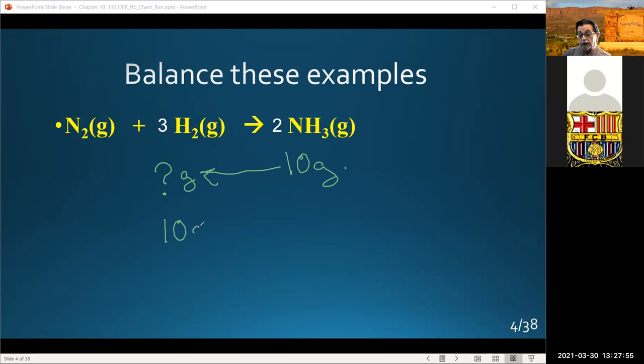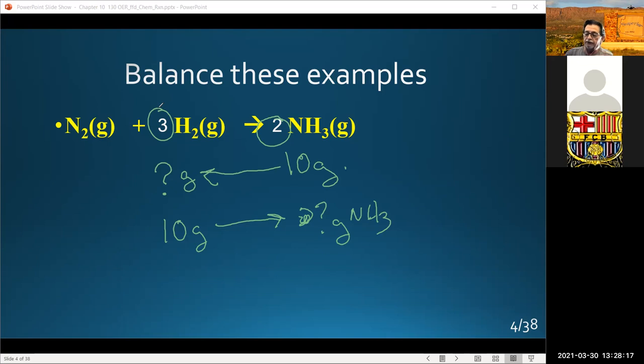If I have 10 grams of hydrogen, how many grams of ammonia am I going to make? And I'm going to need those coefficients from the balanced chemical reaction to be able to answer that question.